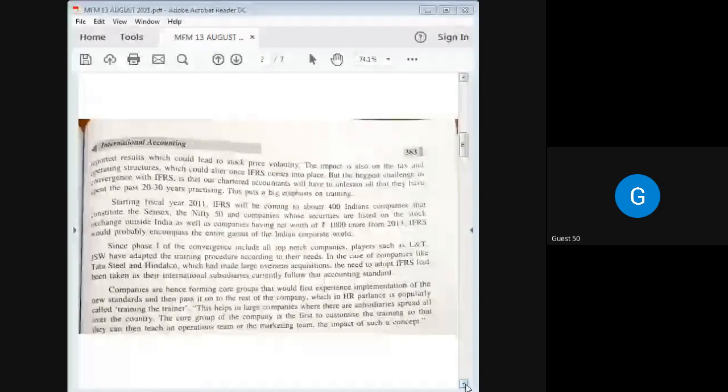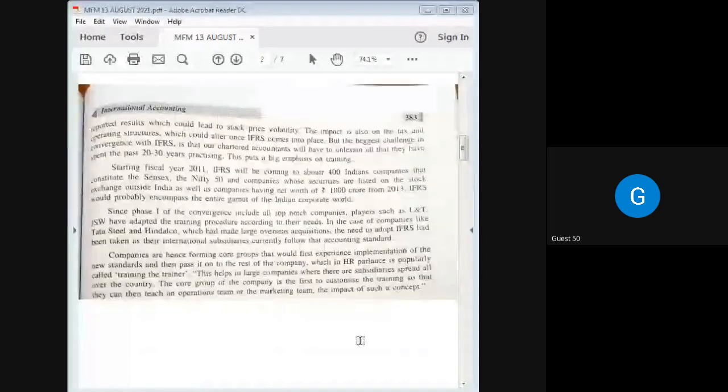So IFRS started in the fiscal year 2011, and it was adopted by more than 400 Indian companies that constitute the Nifty 50, companies whose securities are listed on stock exchanges outside India, as well as companies having a net worth of rupees 1,000 crores from 2013.